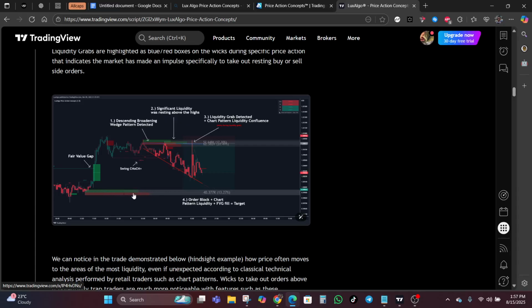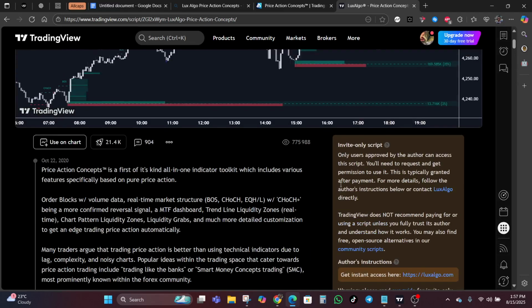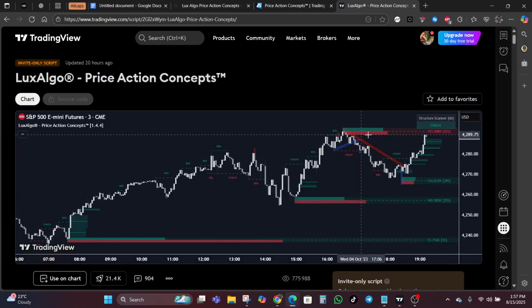Another significant liquidity area, and then the indicator even points out an order block for you. All you have to do is get your confirmations right and then execute your trade manually. The indicator does the heavy lifting for you.